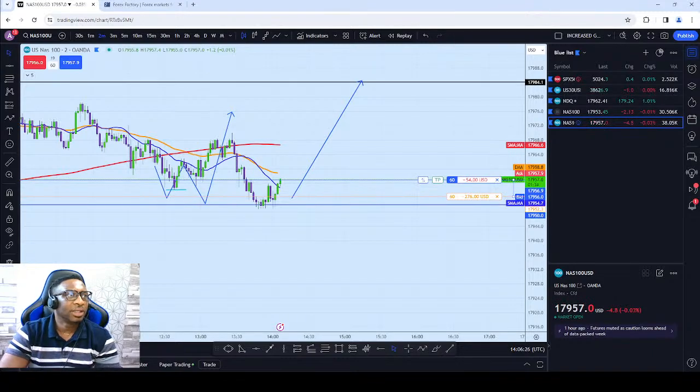And then if it gives us a very good run, we enjoy it. If it gives us a good run, we enjoy it. If not, we have our stop loss there to protect us.